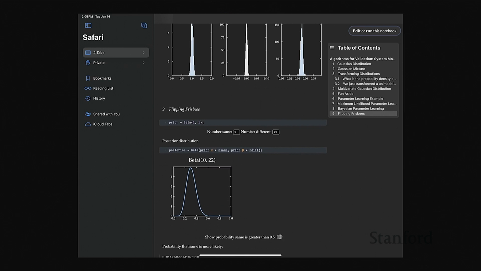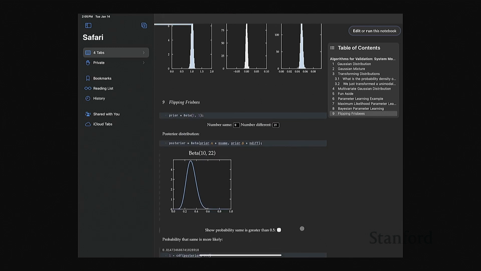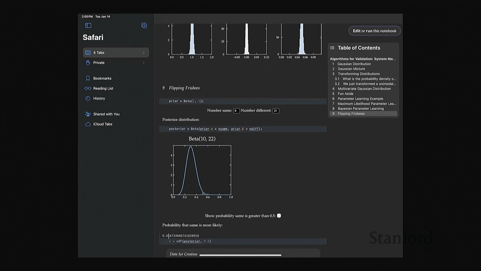And what's cool is now that we have a distribution, we can do things with it. We can look at the probability that it's greater than 0.5 by finding the probability mass greater than 0.5. 1%. All right, now you all know what to do on the frisbee field.